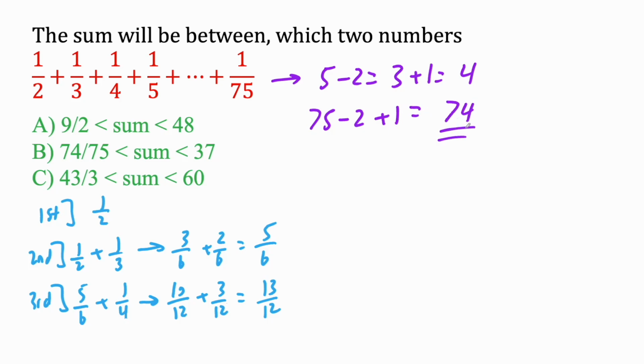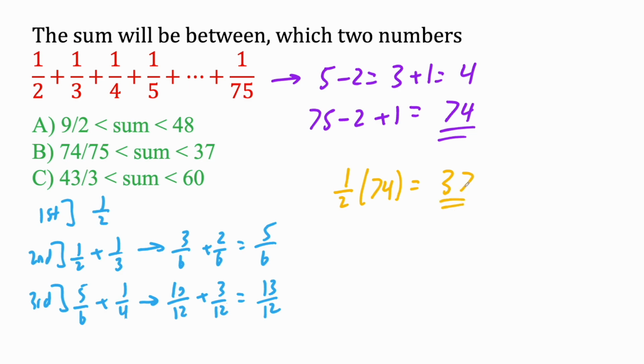So there's 74 numbers. Now looking at this, the range is huge. It's not like it's a small range. So what I could say is, what number would be the biggest? Let's say I have 1/2, and I'm adding 1/2 each time. That's going to be a big number. So how many numbers again do we have? 74. So we could say 74 times 1/2, and 74 divided by 2 would be 37.